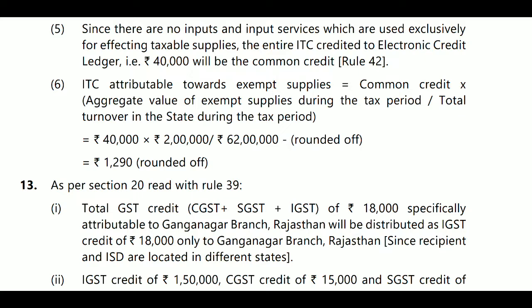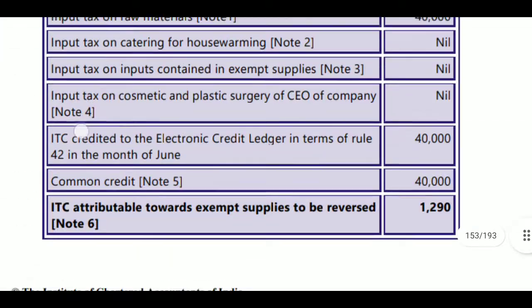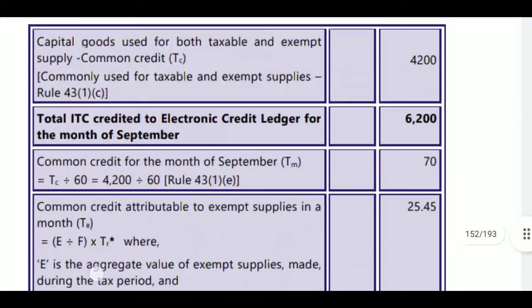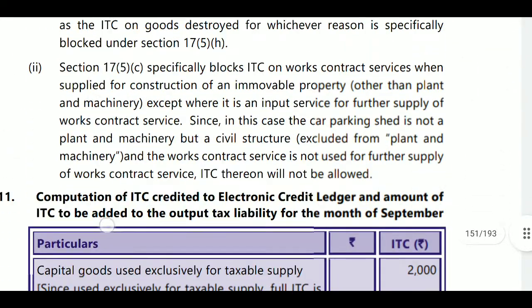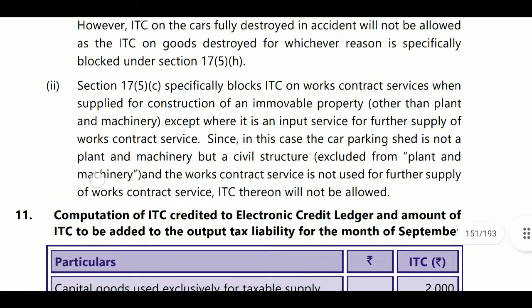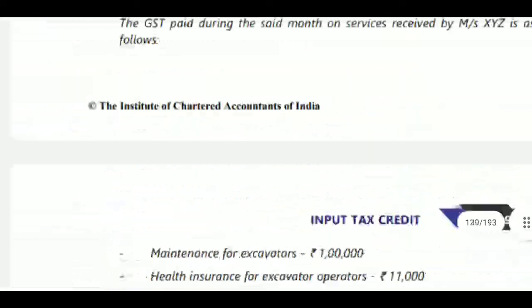So 40,000 into 2 lakhs divided by 62 lakhs, 1,290. After that 1,290 deduction, we will get 40,000 minus 1,290 plus opening value 1,60,000, 1,98,710 will be obtained, and tax outward payable is 10,80,000. He will pay the amount, the remaining amount will be payable.